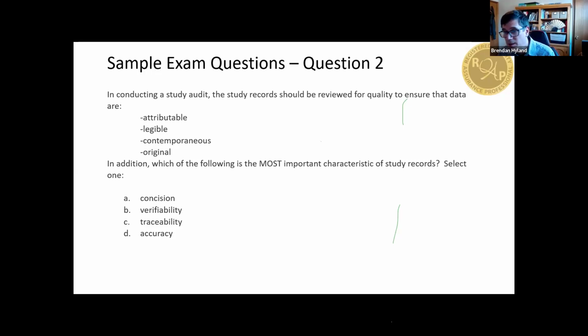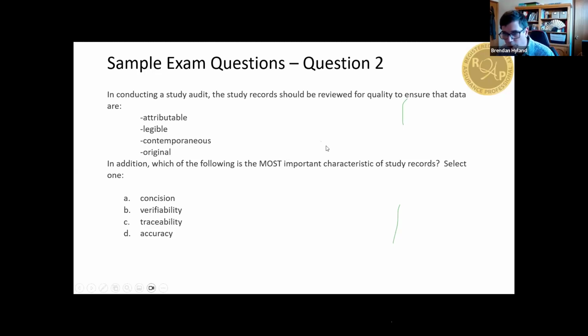Right. Losing it is absolutely, and that's one of the CCEAs: E for enduring. So that was added. So yes, the answer is accuracy here. They're looking for the final one in ALCOA.